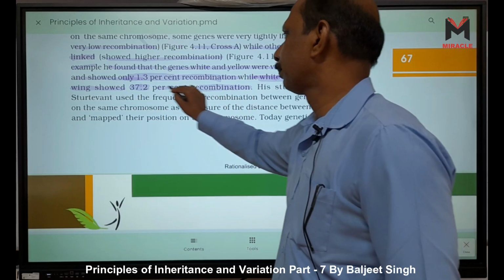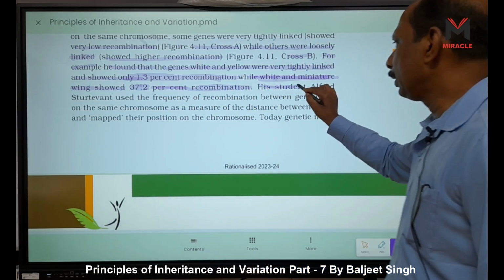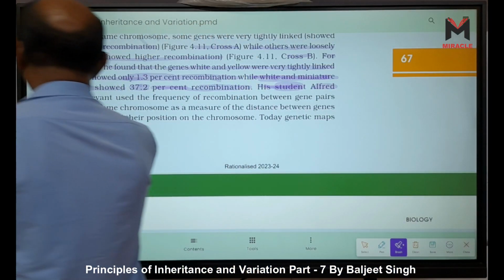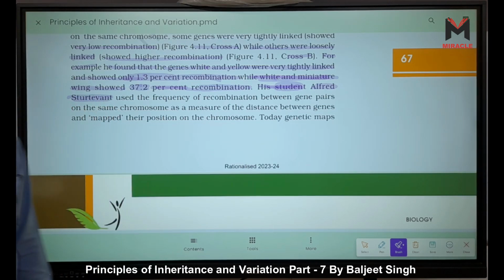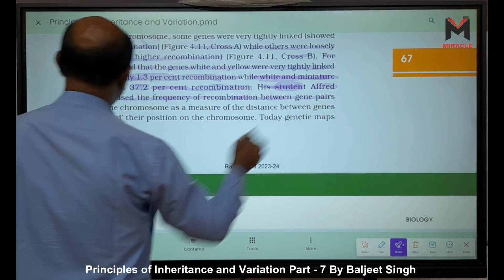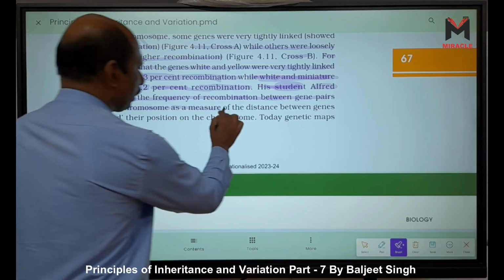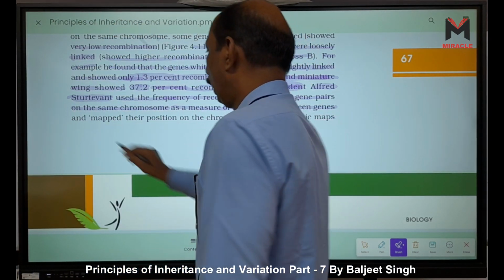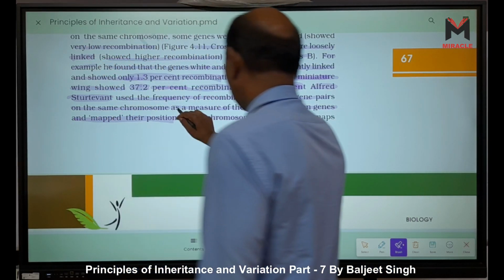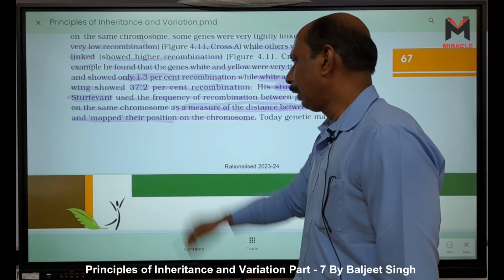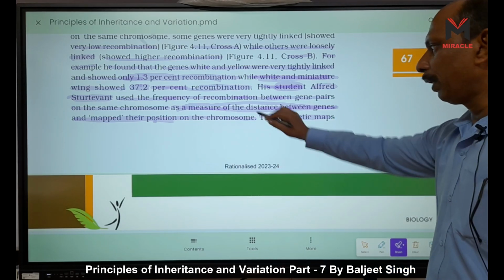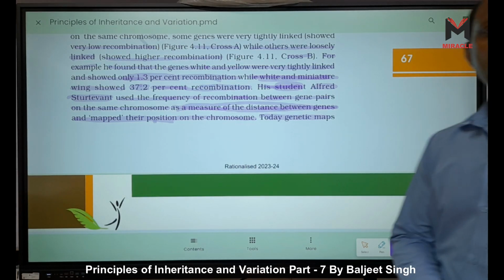His student, Alfred Sturtevant, used the frequency of recombination between gene pairs on the same chromosome as a measure of the distance between genes, and also mapped their positions on the chromosome. Today in a genetic map, how could we measure this distance?